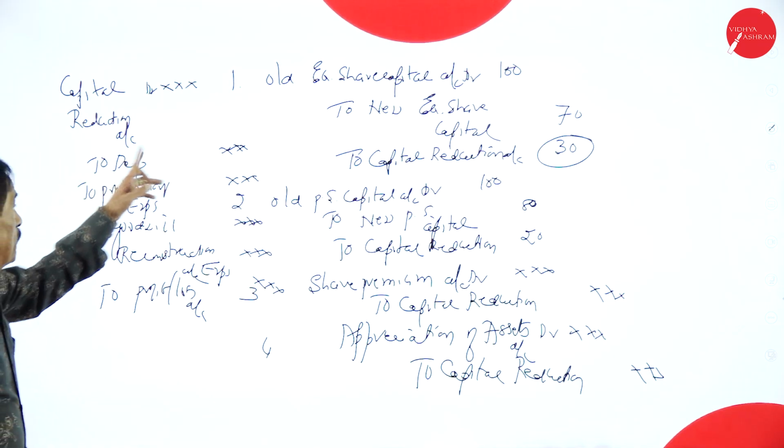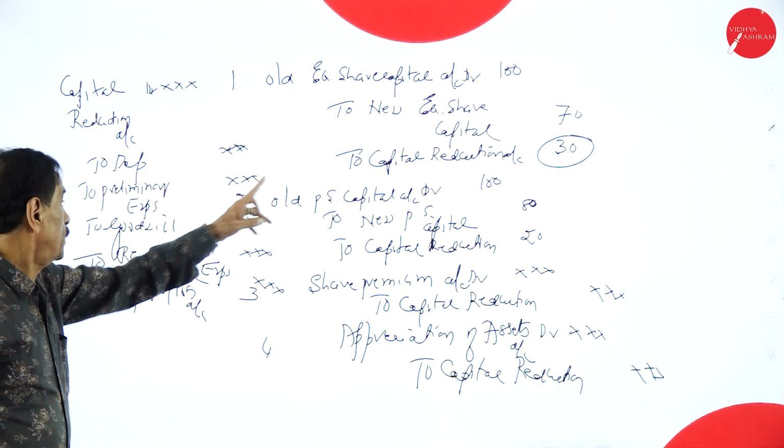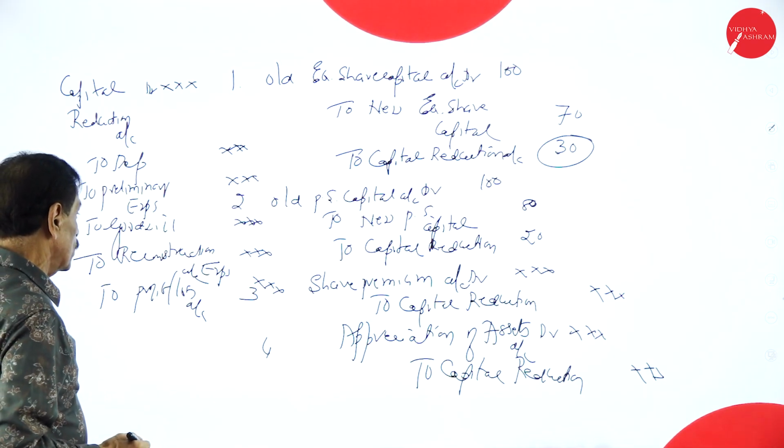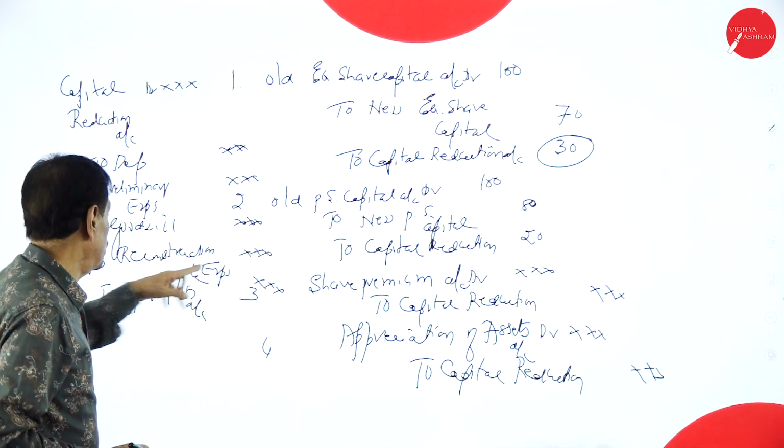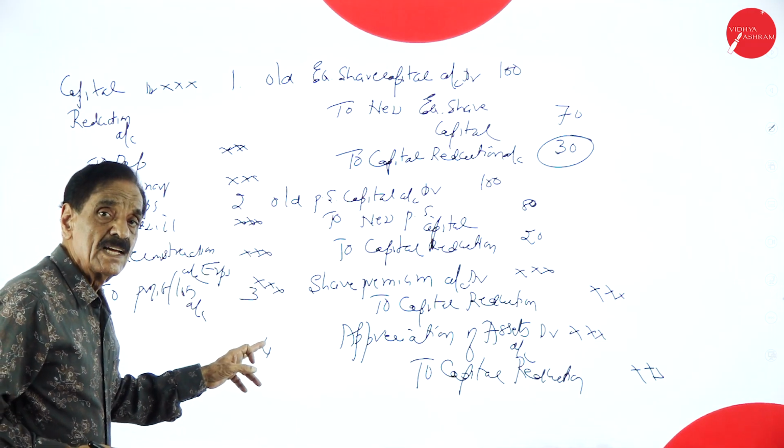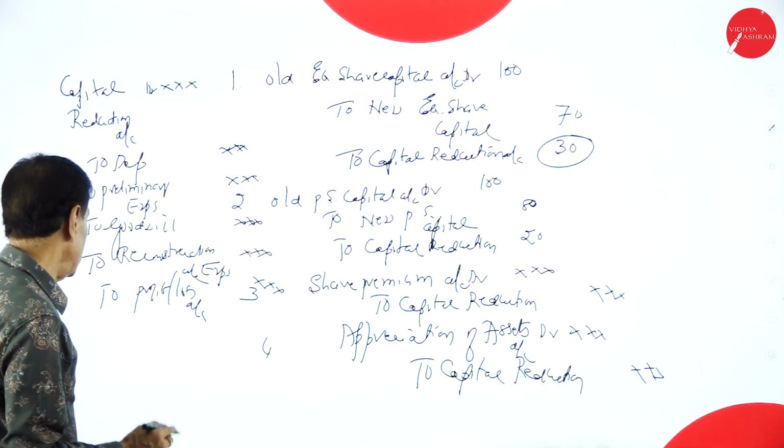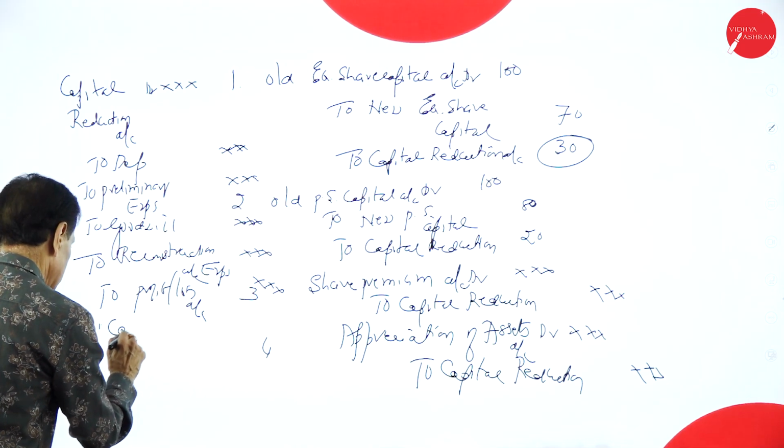How will it be? Capital reduction account debit to depreciation account, to preliminary expenses account, to goodwill account, to reconstruction expenses, to profit and loss account. If anything is left over, it goes to capital reserve.